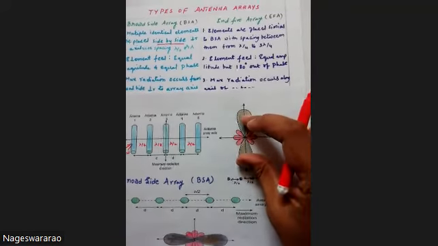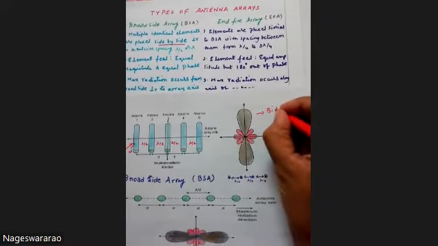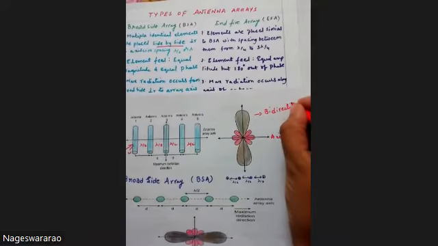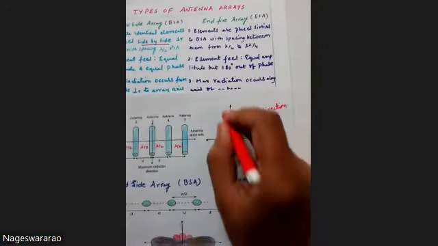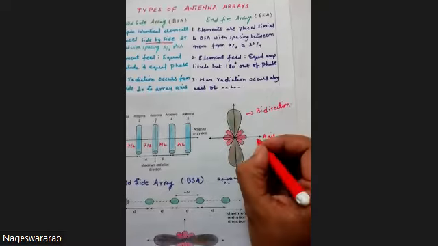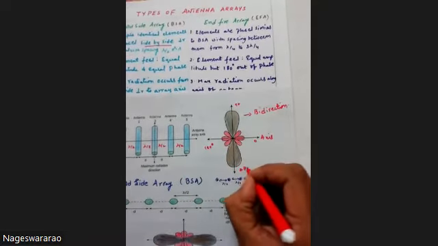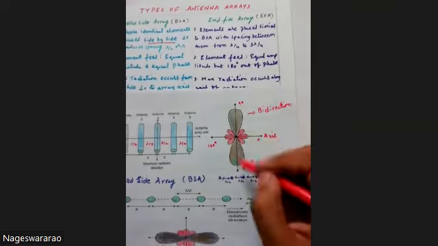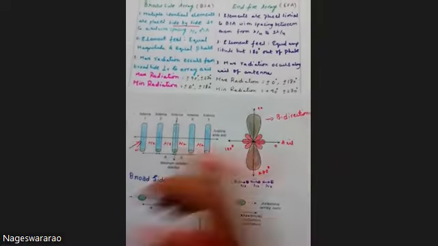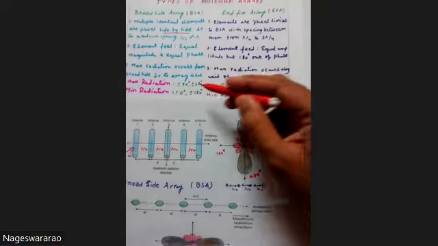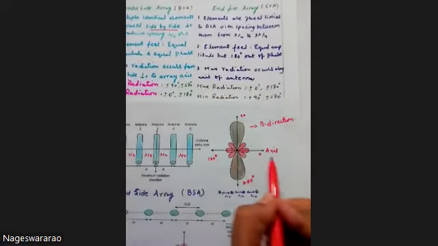This radiation pattern we call a bidirectional pattern, and it is perpendicular to the axis of antenna. Here we have 0, 90, 180 and 270. See here, we got our maximum at 90 and 270 degrees. That we call maximum radiation, available at 90 and 270 degrees, and minimum radiation at 0 and 180 degrees.